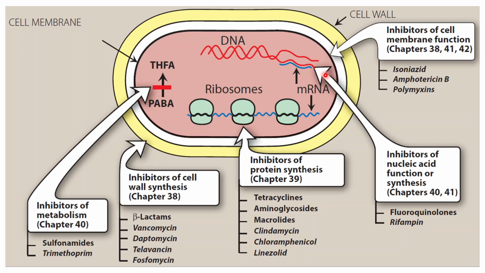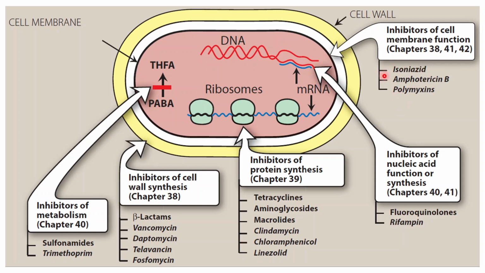So this is the most advanced group and usually has a broader spectrum of action. And also the DNA of the bacteria is different, so that is why there is a selectivity for these drugs. And also inhibition of the cell membrane function, including isoniazid, amphotericin B, and polymyxins.